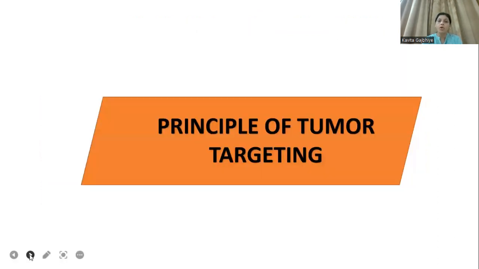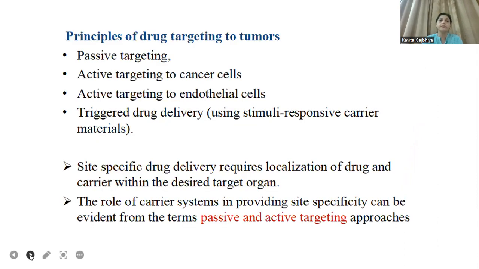Now the principle of tumor targeting. What is the principle of tumor targeting? Here we can say the tumor targeting principle involves targeting of drug by using some specific strategies like passive targeting, active targeting to cancer cells, and also active targeting to endothelial cells, and triggered drug delivery by using some kind of smart and stimuli responsive carrier materials.